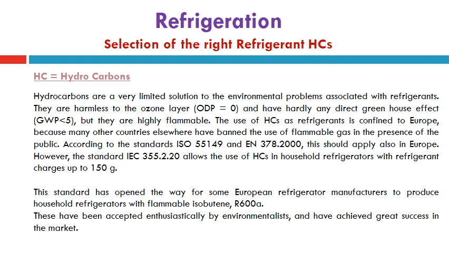This standard has opened the way for some European refrigerator manufacturers to produce household refrigerators with flammable isobutane R600a. These have been accepted by environmentalists and have achieved great success in the market.